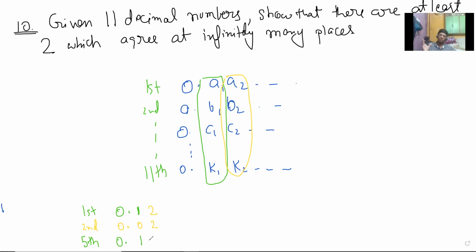So in every column, two digits will agree. Two digits will be the same. For any decimal place, at least two numbers will agree.